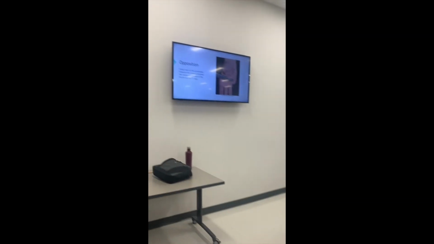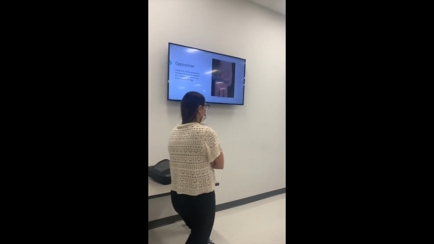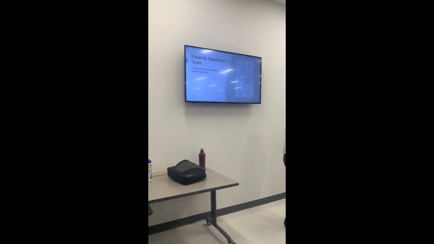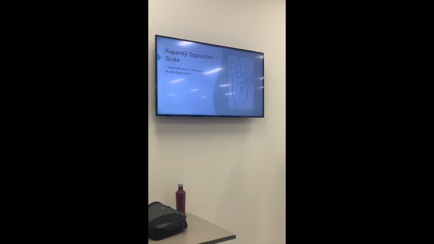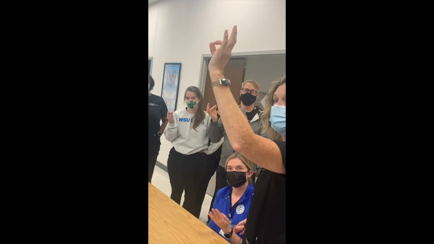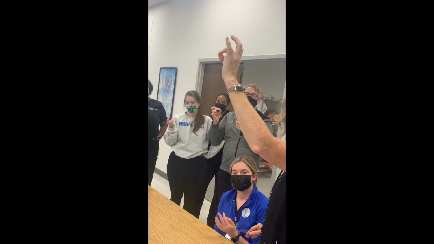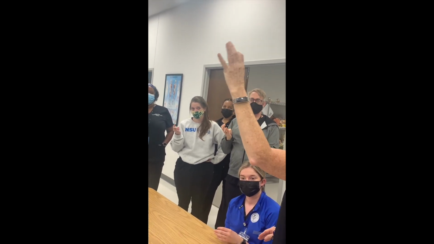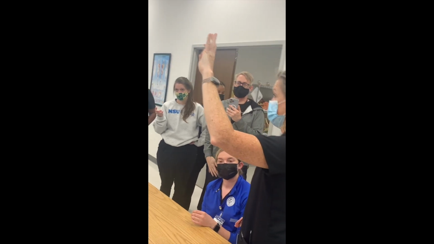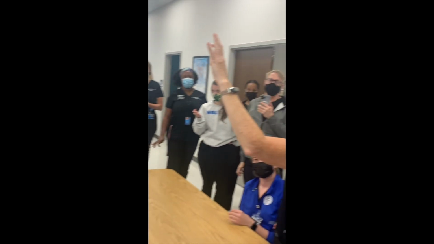In the therapy setting, it's called the Carpometacarpal scale. If they can oppose to here, it's 0, 1, 2, 3, 4, 5, 6, 7, 8, 9, 10. This is what the hand surgeons like, because it's much more accurate.